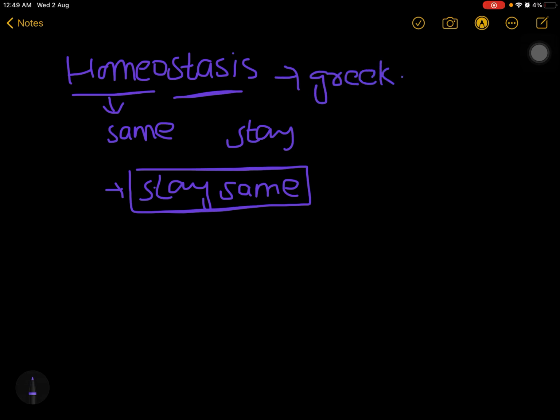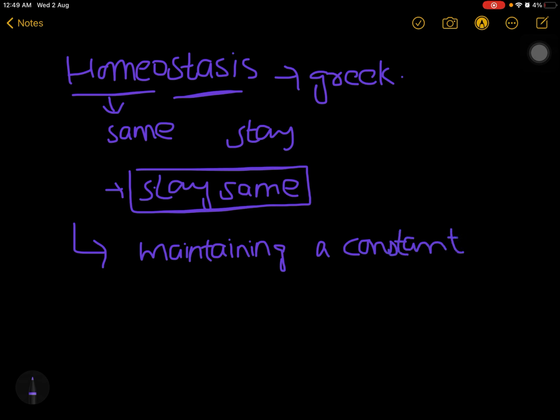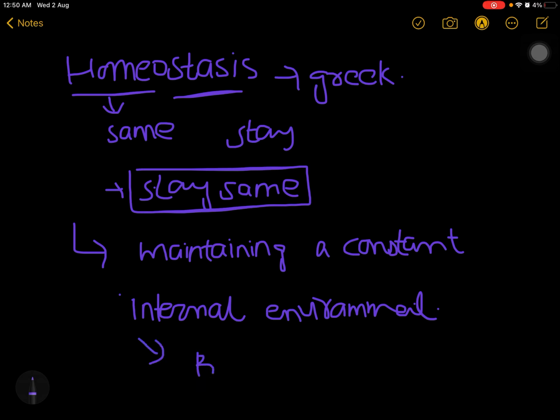Basically, this homeostasis is a process of balancing or maintaining a constant internal environment, so that our body can function properly, right?